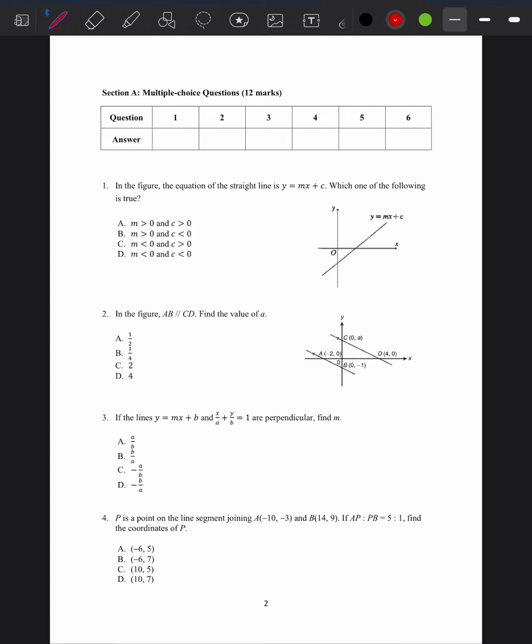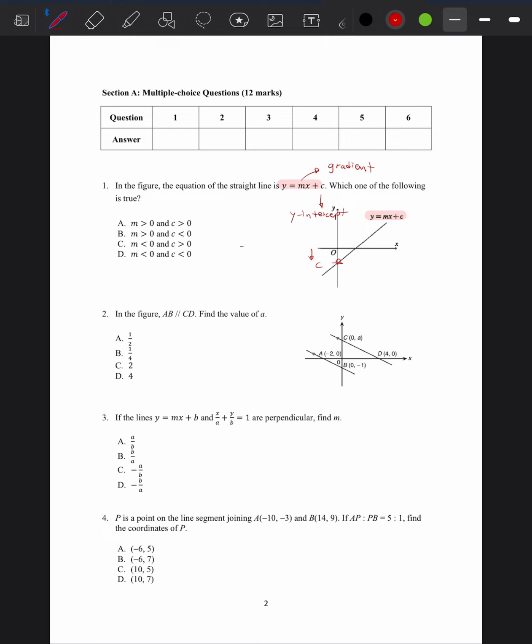Question 1. In the figure, the equation of the straight line is y equals mx plus c. This y equals mx plus c is already in the form that I taught you about the straight line equation. So you know that your m is going to be your gradient and your c is going to be your y-intercept. By looking at the graph, here is your y-intercept, so this is your c.